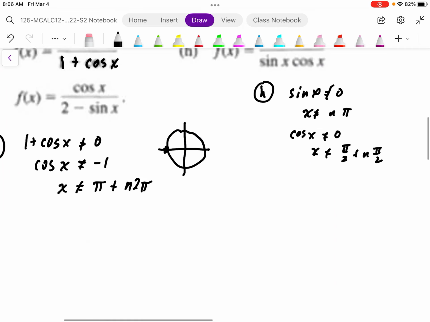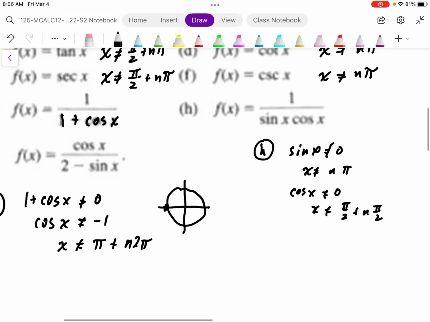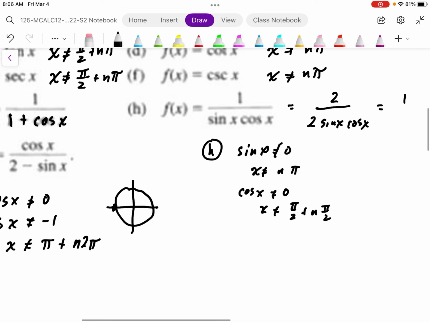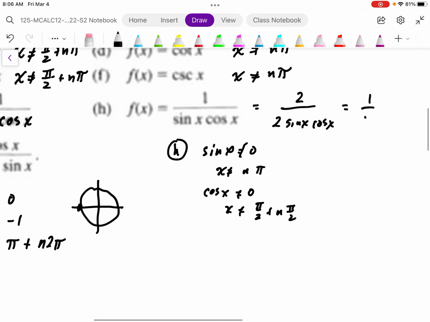We could also use an identity here, and this can be equal to 2 over 2 sine x cos x. Well, 2 sine x cos x is an identity. It is sine 2x. Okay, so it's going to happen where sine 2x is equal to 0.